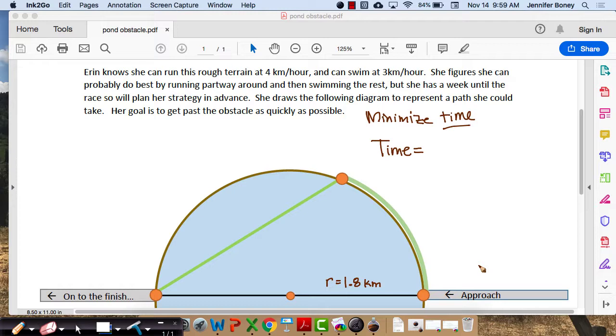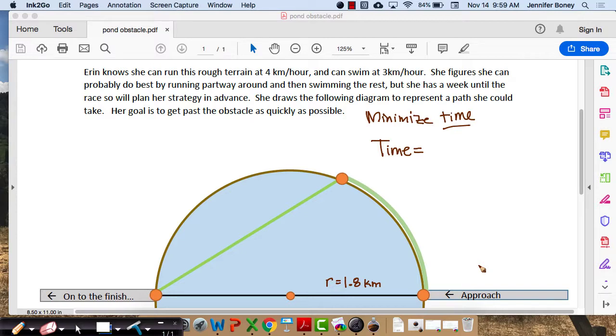We can get some formal variables in a minute, but if I want to describe how we'd compute how long it took Erin to run this, can you see that there would need to be 2 different parts to the function, because she's got 2 different speeds, right?